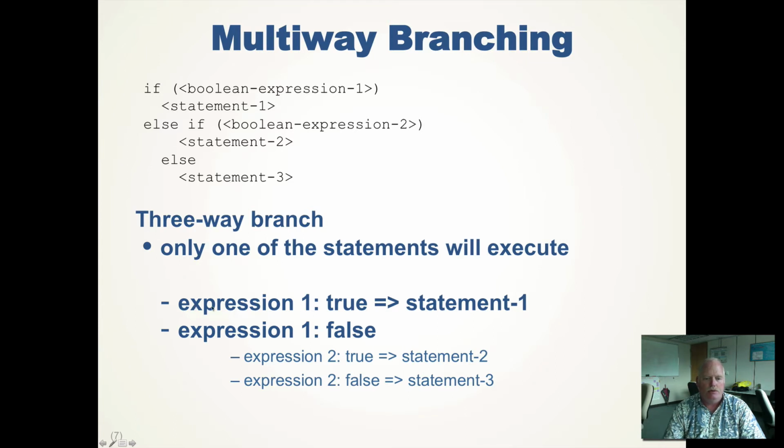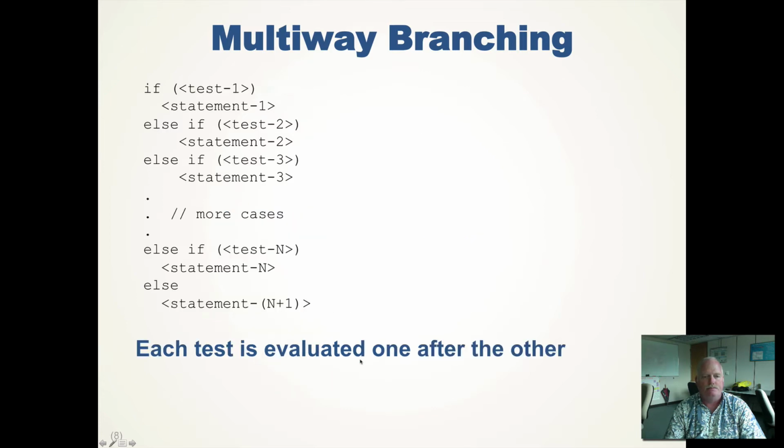So if expression 1 is true, we do statement 1. If expression 1 is false, we then evaluate expression 2. If it's true, we do statement 2. If it's false, we do statement 3. So we can generalize this multi-way branching to say if test 1, we do statement 1.